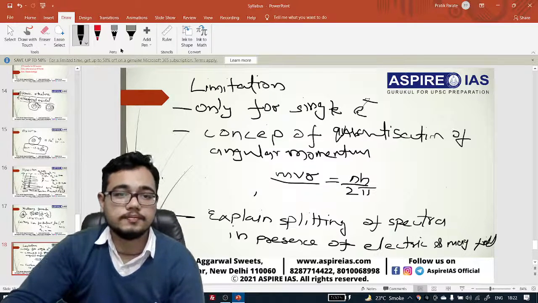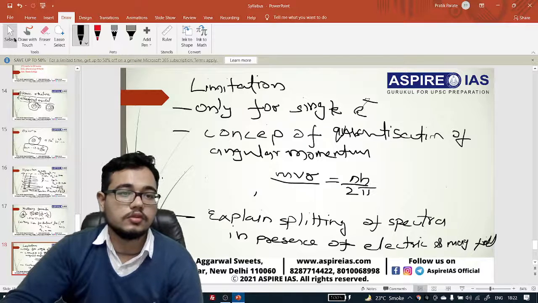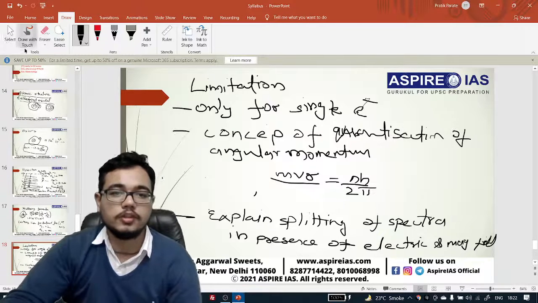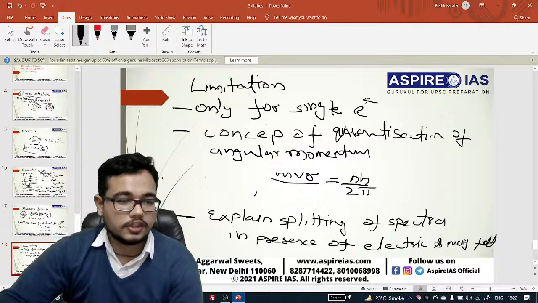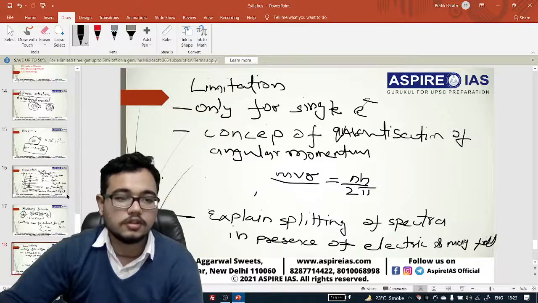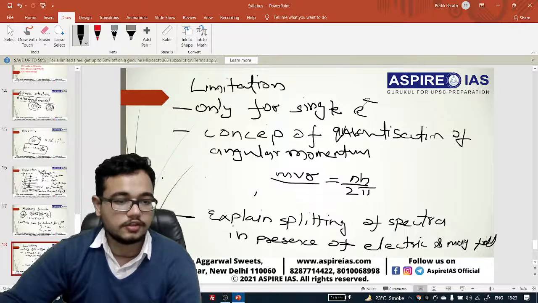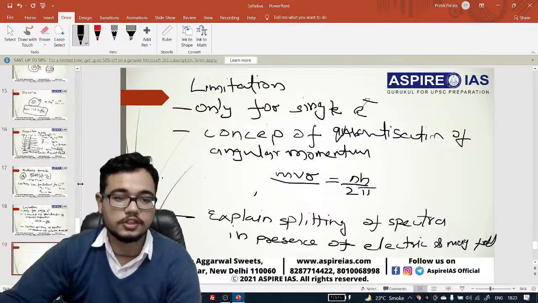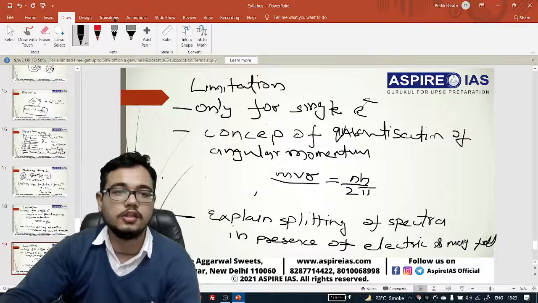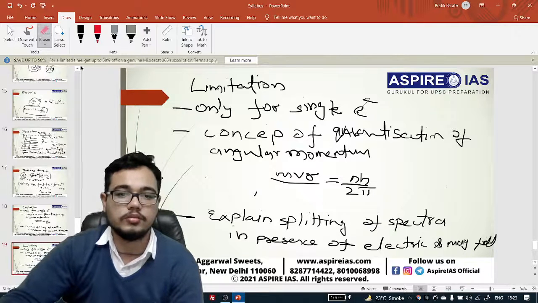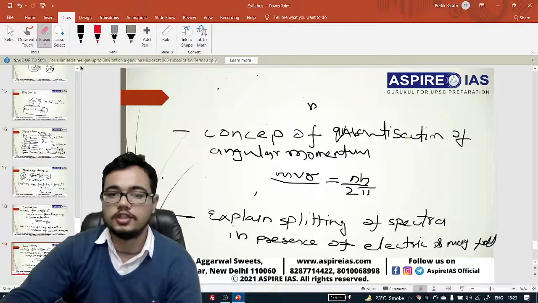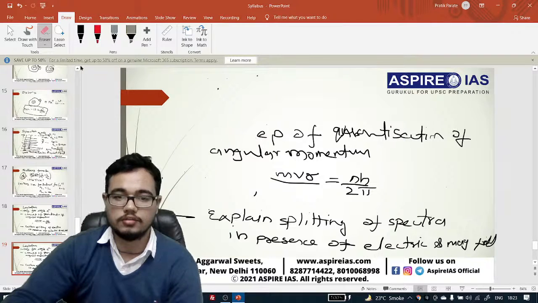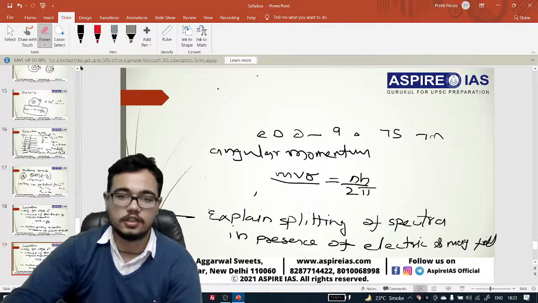Then came the concept of wave particle duality by de Broglie. Now what did de Broglie say? De Broglie said that like a wave has dual nature, both particle and wave, similarly particles also have dual nature, both particle character and wave character. So every particle in the universe has both wave character and particle character.